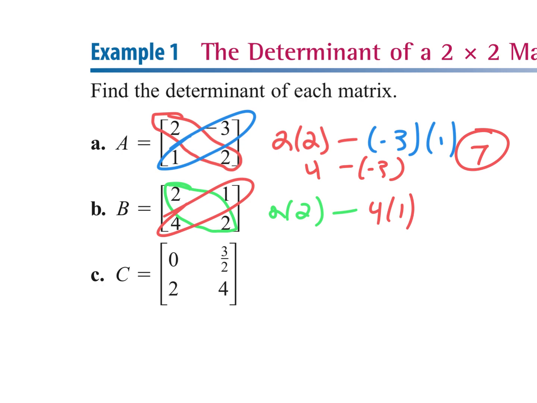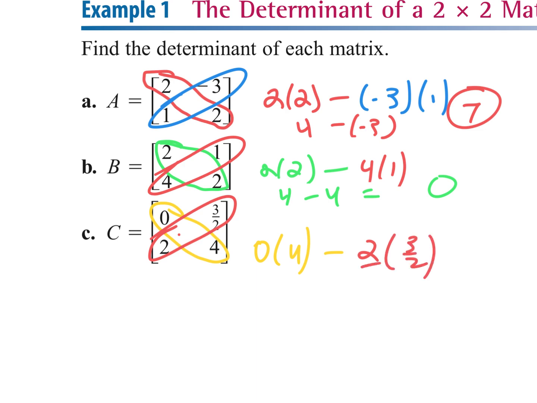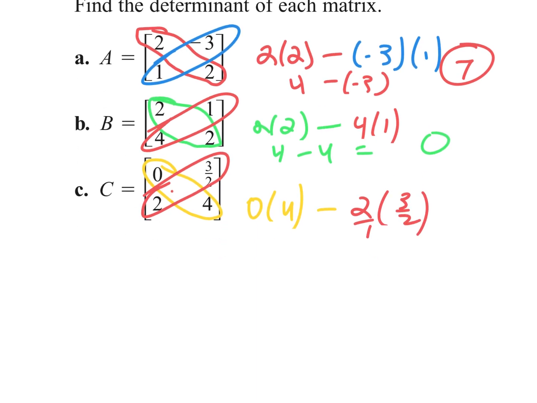When we work that out, we get 4 minus 4. Your determinant value is 0. One more time, I'm going to take my major here, top left, bottom right, 0 times 4, minus my minor, which is 2 times 3 over 2. So 0 times 4 is going to give me 0, minus, that's going to cancel, so I get 3. So my determinant value is negative 3.